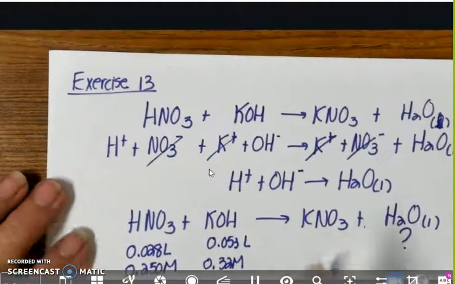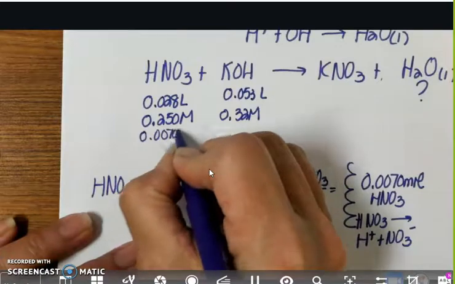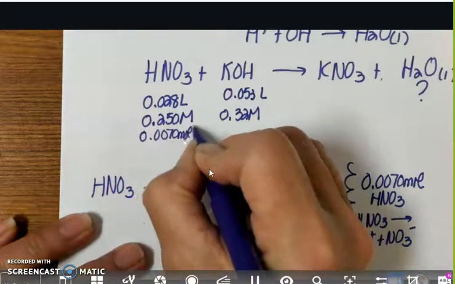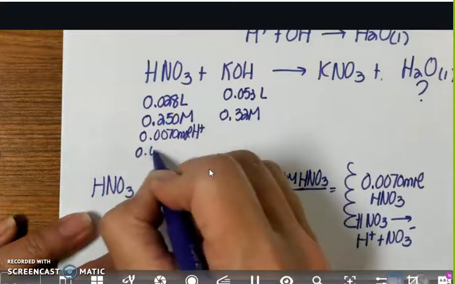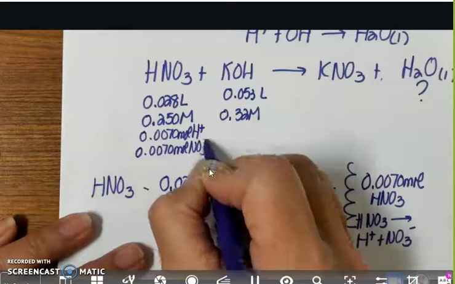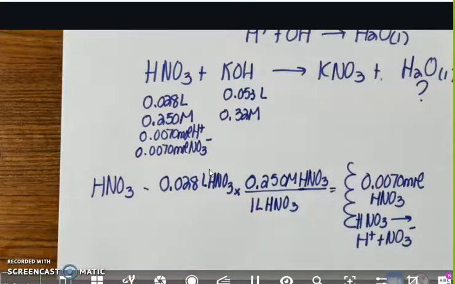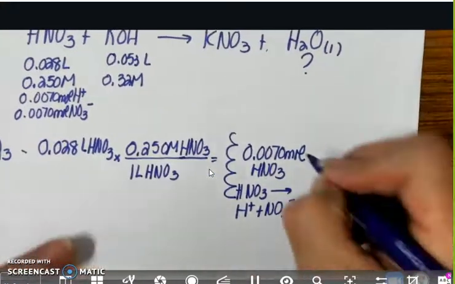0.007. So let's put it up here. I have 0.0070 mole of H plus, and I have the same amount of nitrate. I could put that up here. I'm not going to use it in this problem. But there's all our stuff. But that's not what I want. I don't want moles of nitrate. What do I want?